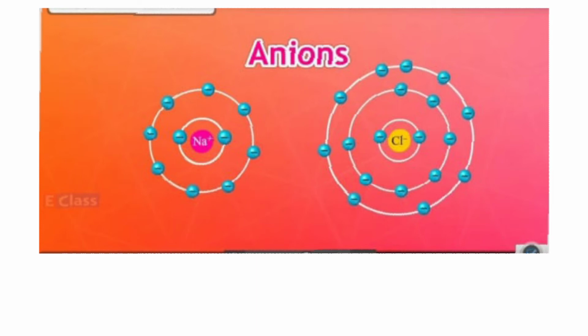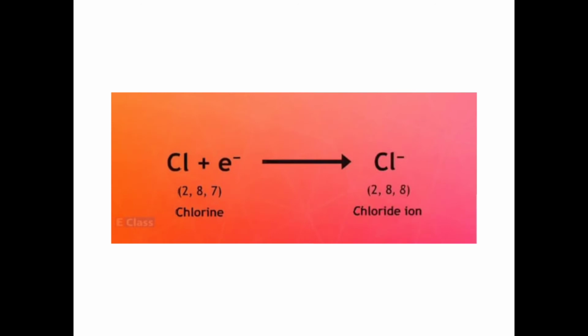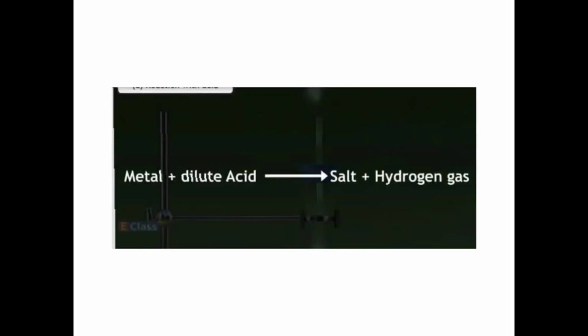Next property, reaction with water. Children, metals do not show any observable or fast reaction with cold water, but some metals like sodium and potassium react with cold water and produce their hydroxide and hydrogen gas.